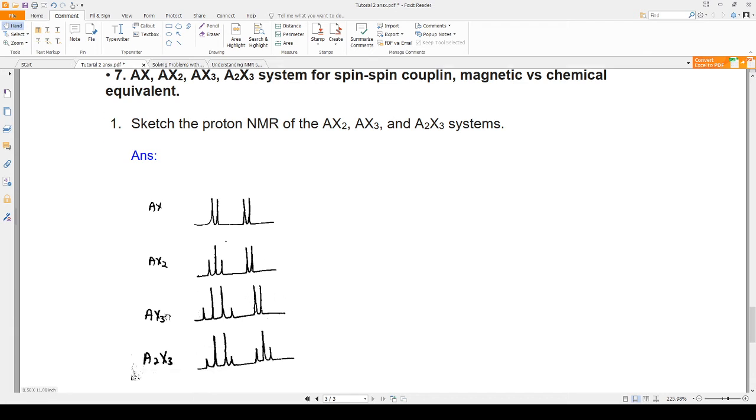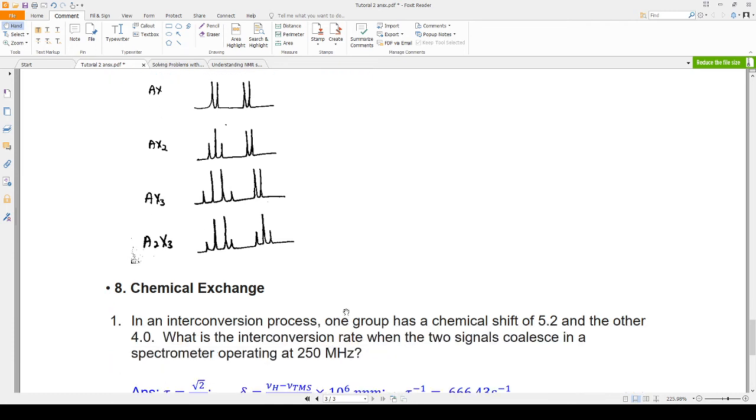Vice versa, X seeing A is 1, so it's n+1, so it's 2 here. You see 2, and vice versa here.